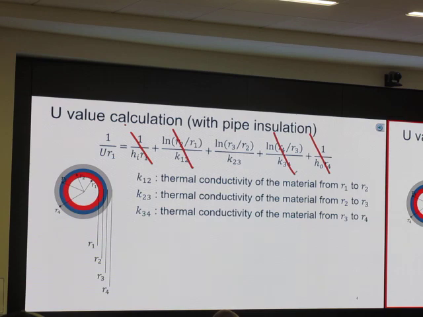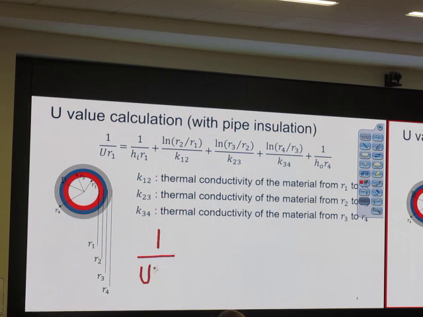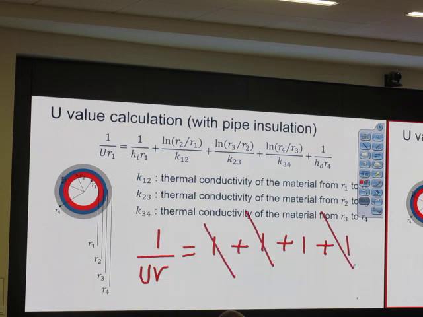So case 1, take a look one more time. 1 over U times R equals 1 plus 1 plus 1 plus 1. Christian with a K, if this thing becomes 0, 0, 0, what happens to the U value? Go up or go down?